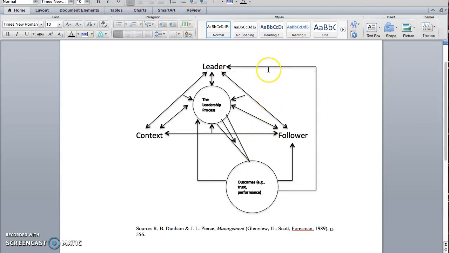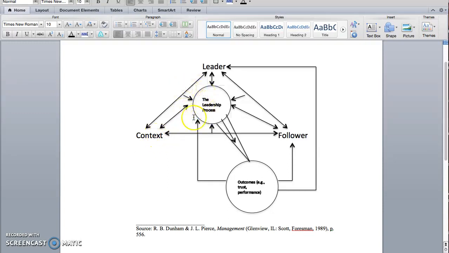And they define it as a dynamic, interactive process between a leader who is guiding people or a situation, the followers who are performing or acting, working, the context, and the context can be formal or informal. It could be a workplace such as a restaurant or a feedlot. It can be a nonprofit organization such as the Friendship Home. It can be a sports context like a basketball court, tennis court, football field.